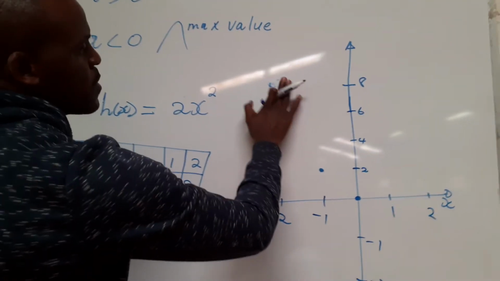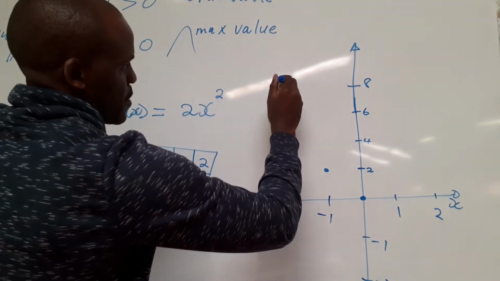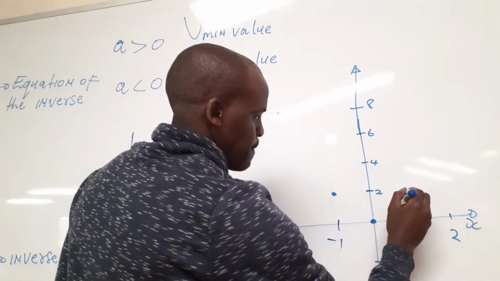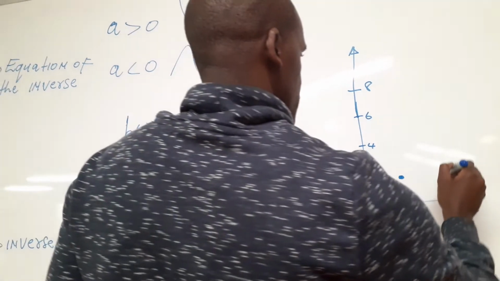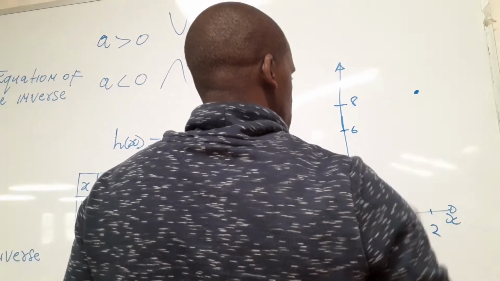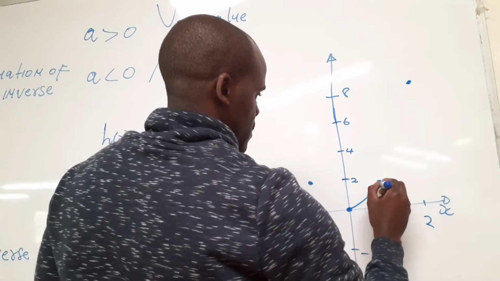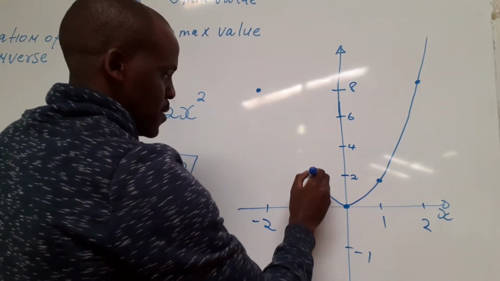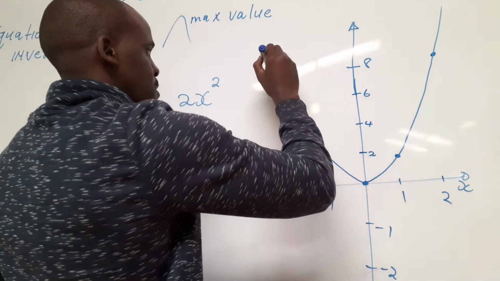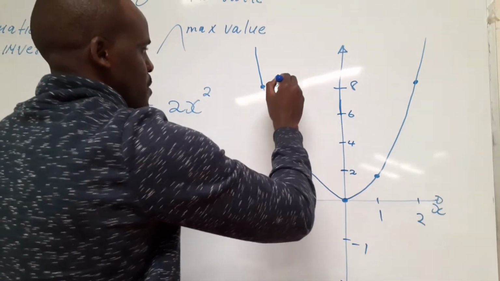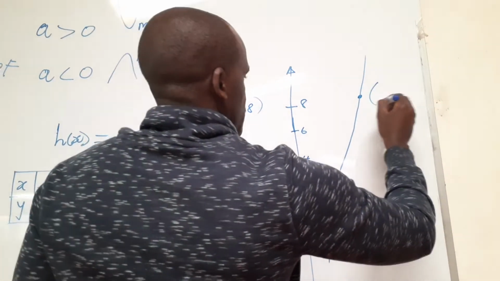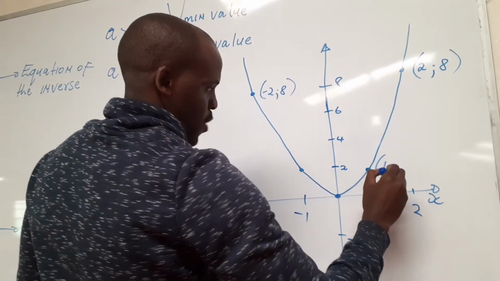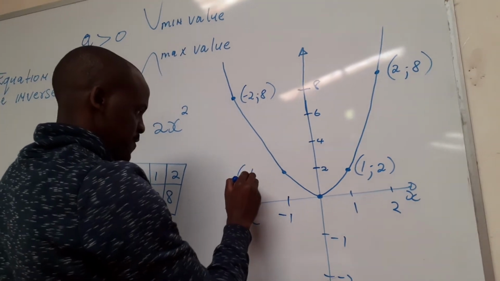And then 2 is to 8. If we are to join the points: -2 is to 8, 2 is to 8, 1 is to 2, -1 is to 2.